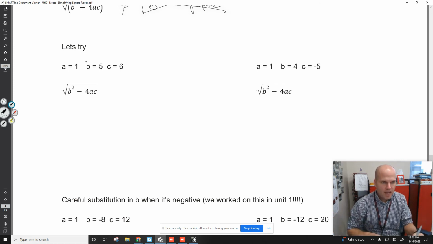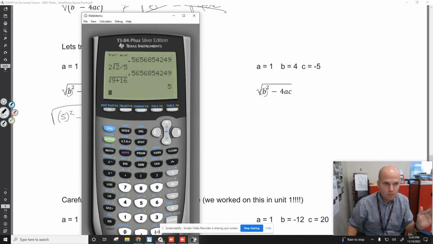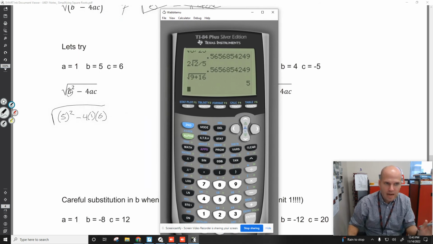So like if A is 1, B is 5, and C is 6, plug these in here. The key is just to use parentheses, especially when you're squaring. Okay? And I'm going to write this out just for fun, but you guys will be able to do the following. Figure out what this stuff inside, this b squared minus 4ac, what is that inside the square root?